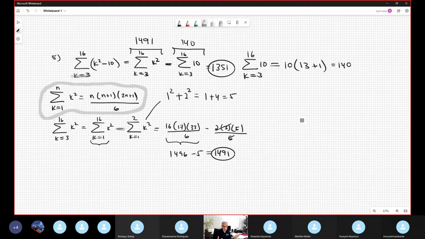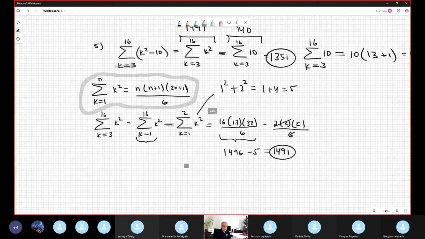Do you understand why 2? What is the reason for 2? Because k was squared. No, but the reason that k is squared is the formula.